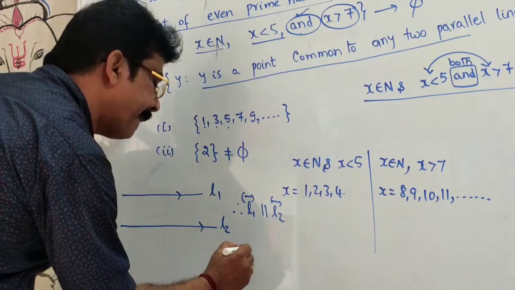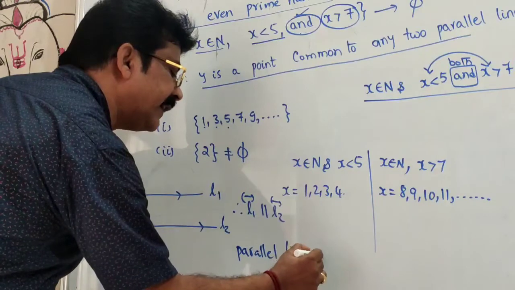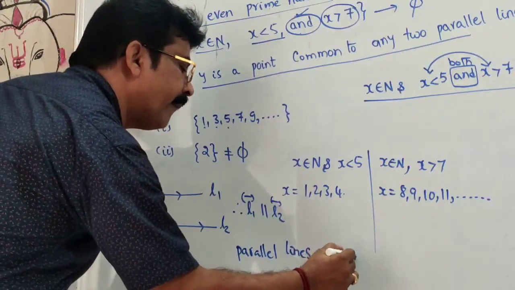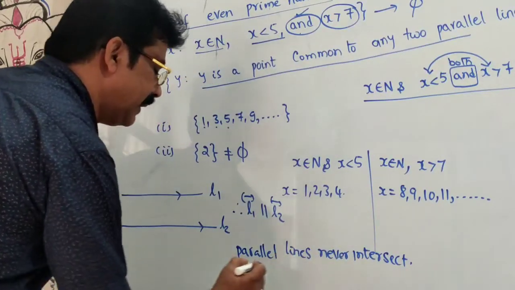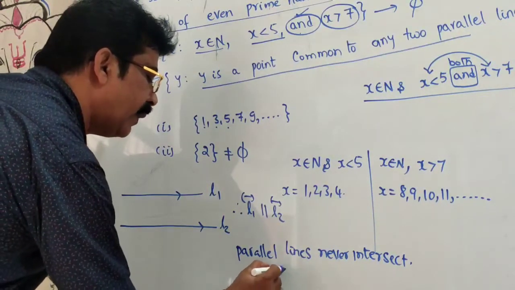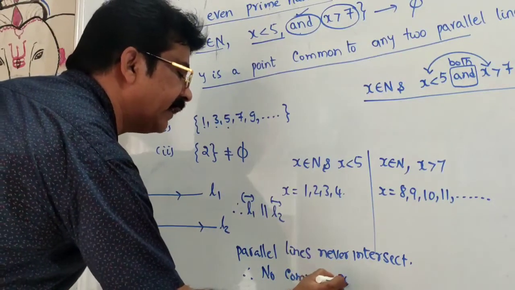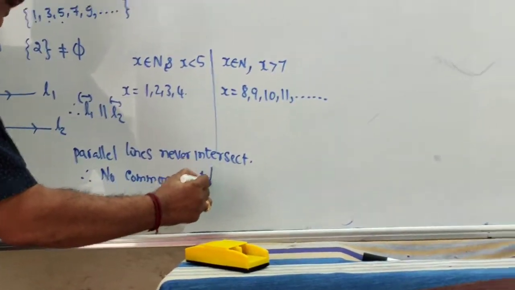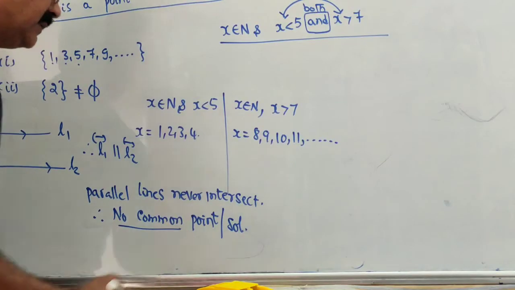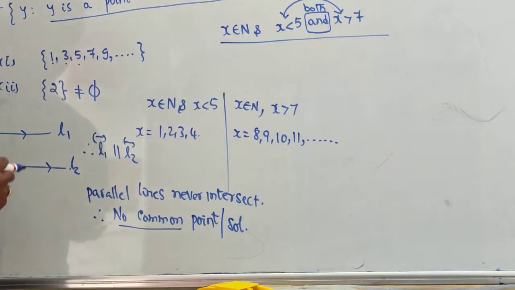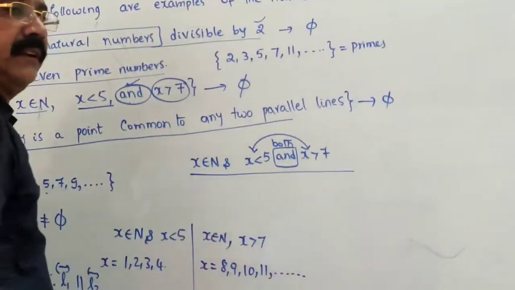So there is no common point or no common solution. Therefore, it is also null set.